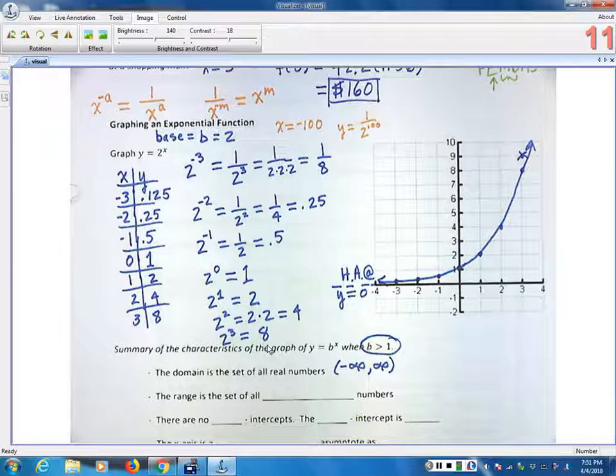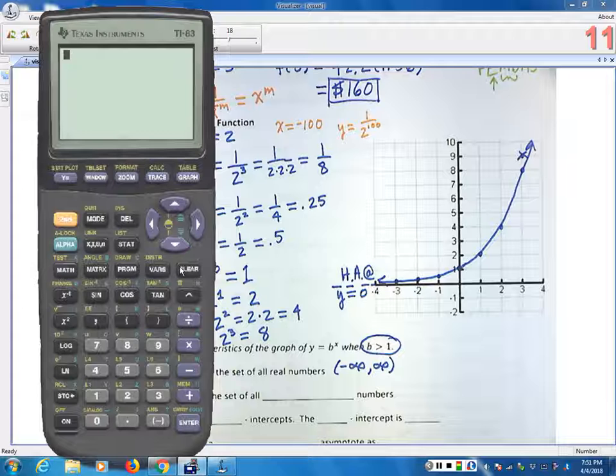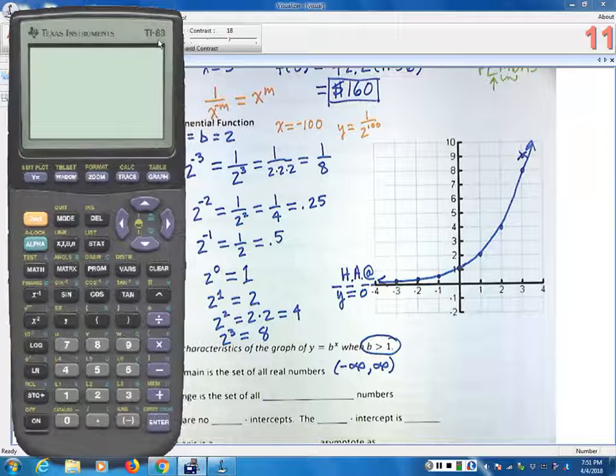And you put that in your calculator, and it's not going to be 0, but it's going to be very, very small. So you can put in 2 to the parentheses negative 100.